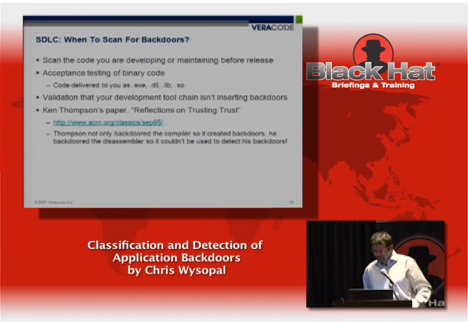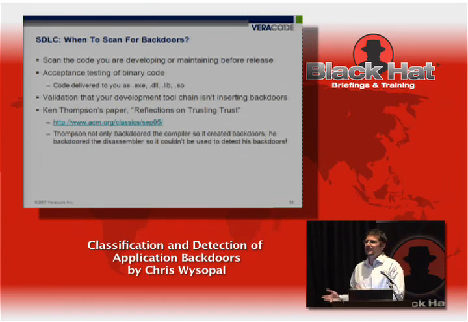So what he did was he backdoored the compiler so that whenever the compiler detected it was compiling the login.c program, it would put in the backdoor code. So the code got inserted at compile time. And then he said, well, what if someone looks at the compiler?